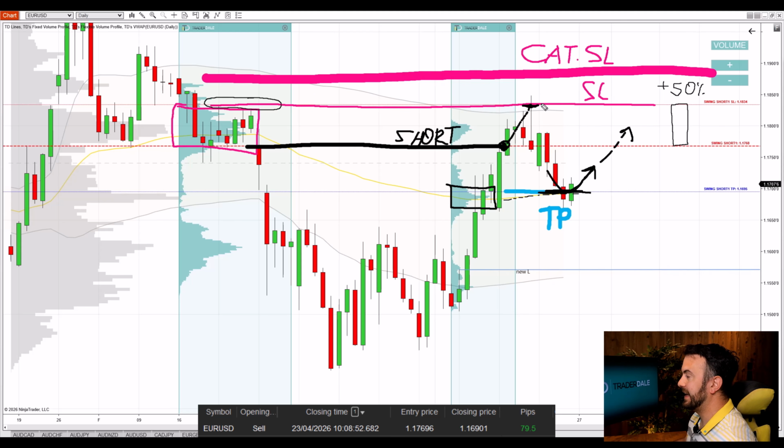Okay, if a daily candle closed past this red line, this stop, if a daily candle closed here above it, I would close that trade manually. Okay, but it didn't. It just wicked past this level, and that's why I remained in the trade. I call this approach the alternative stop loss method, and this is the way I trade all my swing trades. This is also what I teach my students.